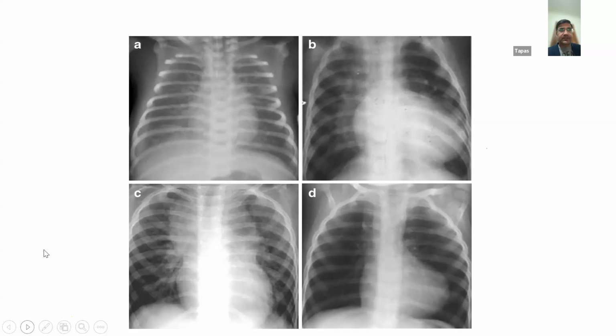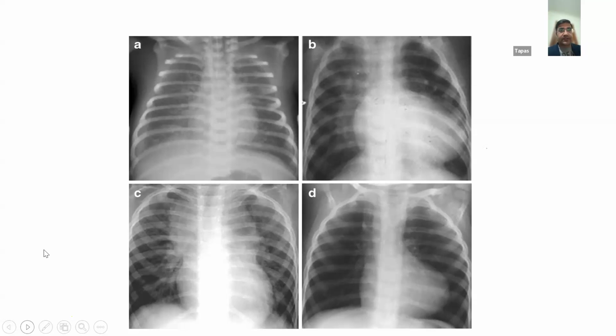The pulmonary vessels are too prominent, and you can trace them till the end of the lung fields. So based upon that algorithm, there is no cardiomegaly but there is pulmonary plethora, because of pulmonary venous hypertension. So what could be the reason? Yes, obstructed TAPVC.